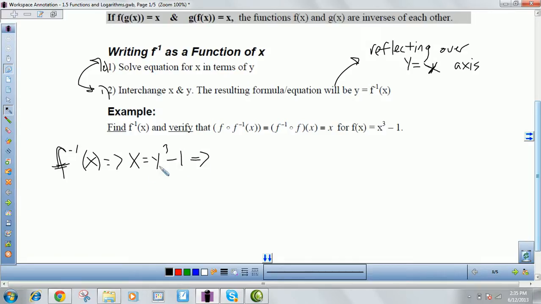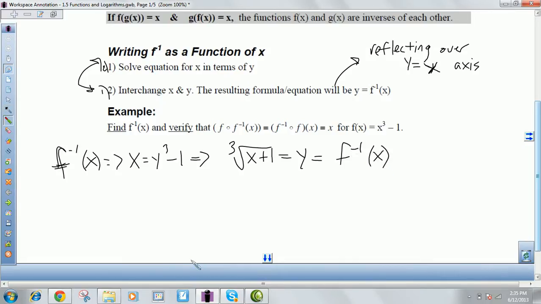And then we solve for y, so bring this 1 over, so that'd be x plus 1. And this is y to the third, so take the cubed root. So then this is your inverse. Let me highlight that so we can clearly see that. That's the inverse right there.